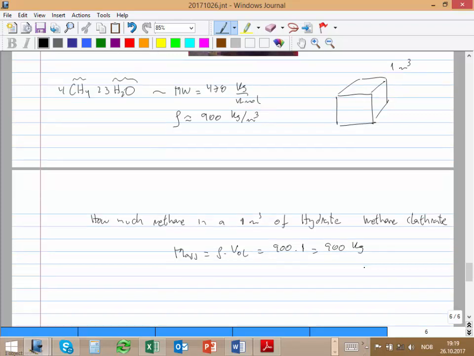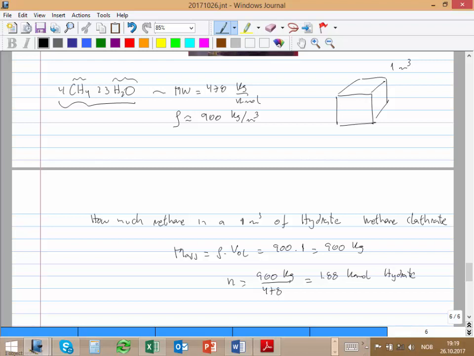Then, to know how many moles of this I have, I divide 900 kilograms by 478, and that's how many kilomoles? 1.88 kilomoles of hydrate.